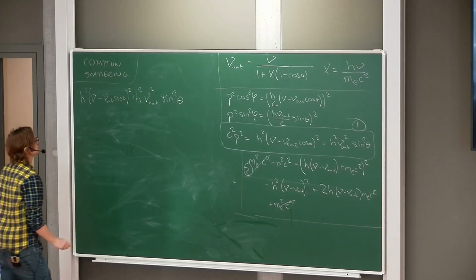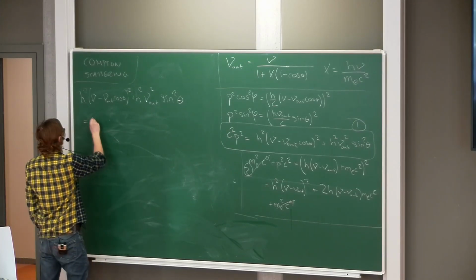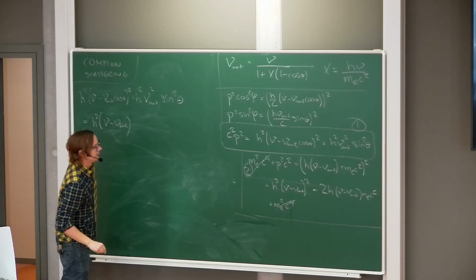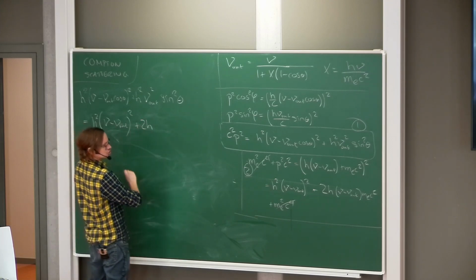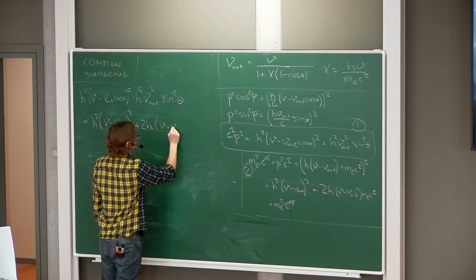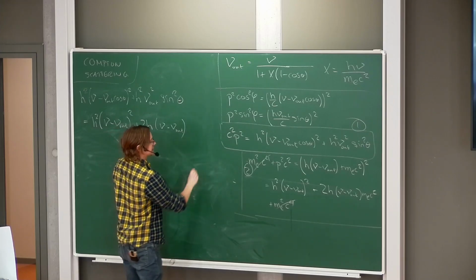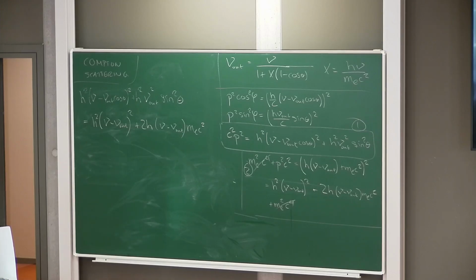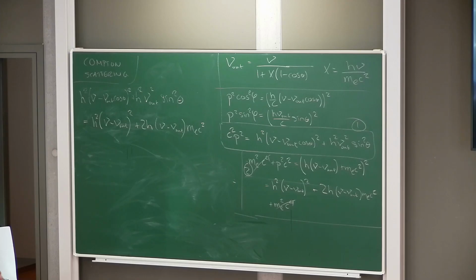Okay, yeah, that's as it is. h squared nu minus nu out squared plus 2h nu minus nu out m_e c squared, and that was it, I think. I feel like I've missed something. Okay, perhaps I haven't.